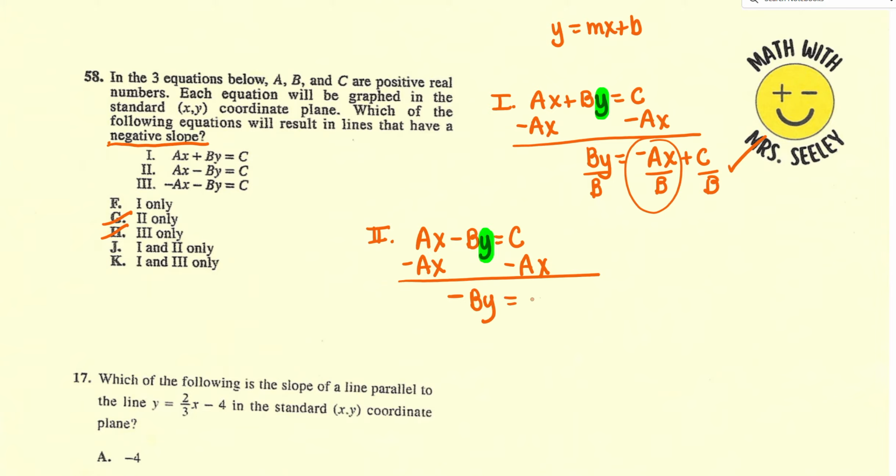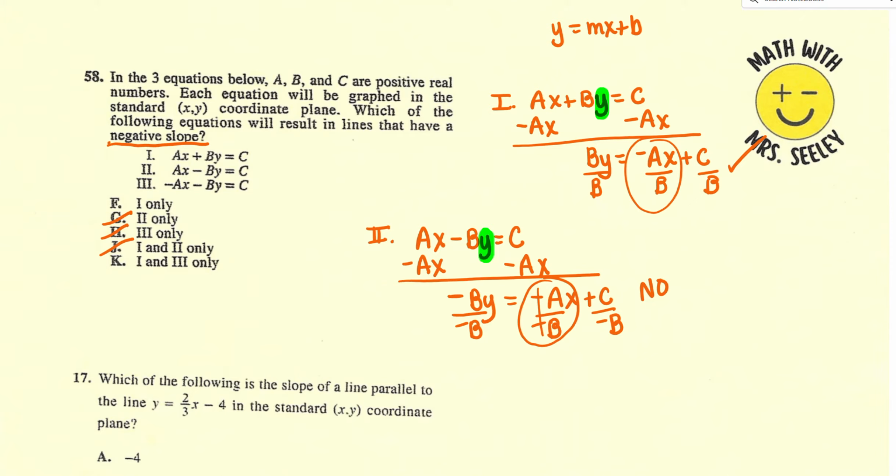Negative by equals negative ax plus c. Divide everybody by negative b, and look right here. A negative divided by a negative is going to be a positive slope, so that's not okay. So Roman numeral 2 is no, so it can't be that one.